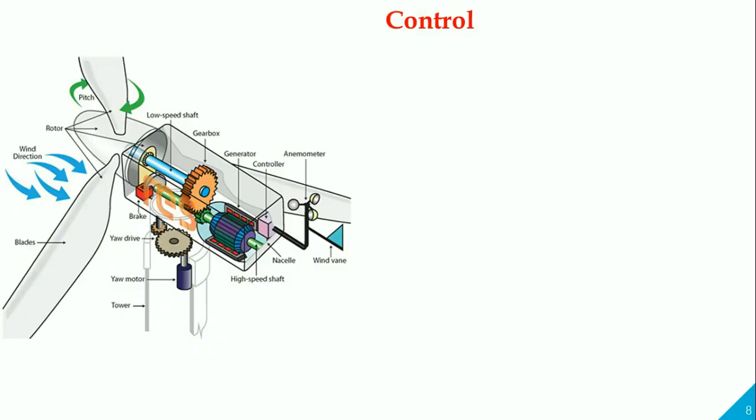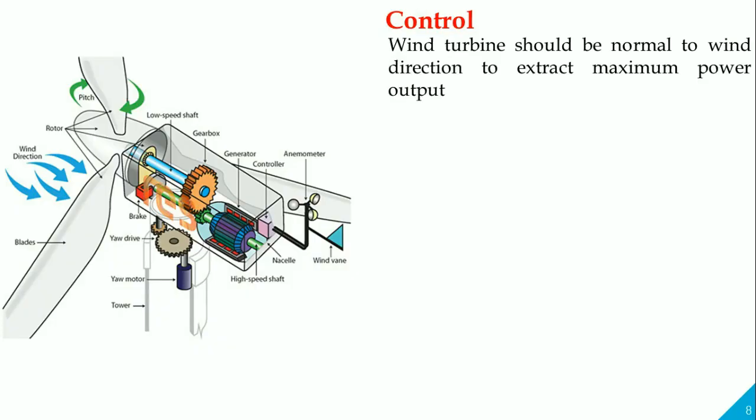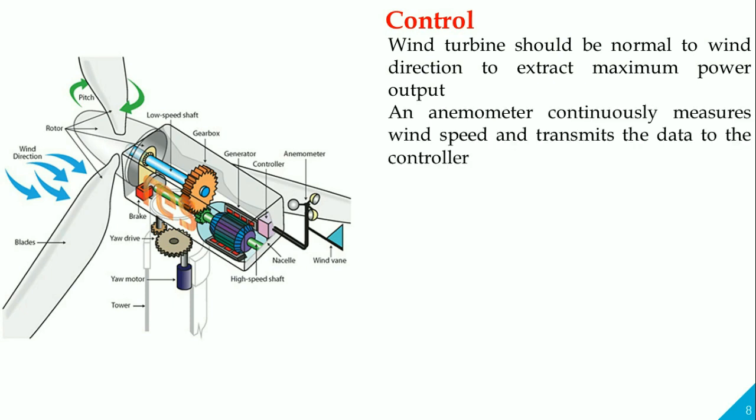Control. Controlling of the wind turbine is essential in order to harness the maximum potential of the wind energy. The wind turbine needs to face normal to the wind direction in order to extract the maximum power. Normally, an anemometer and wind vanes are attached to the wind turbine to sense the direction and velocity of the wind.